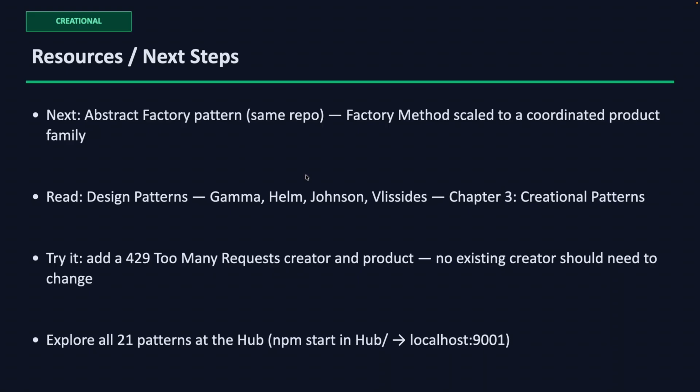If you enjoyed this video, I'd say try and add a new HTTP page with a response like a 429, like a too many requests creator and product. You can go in and you can look into the code and extend it out.